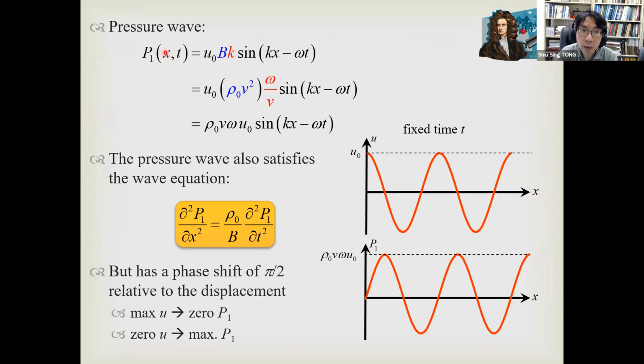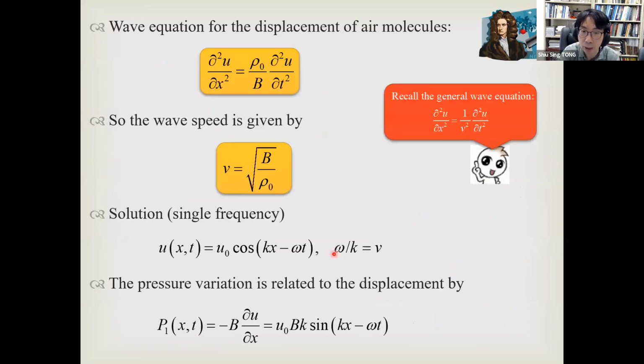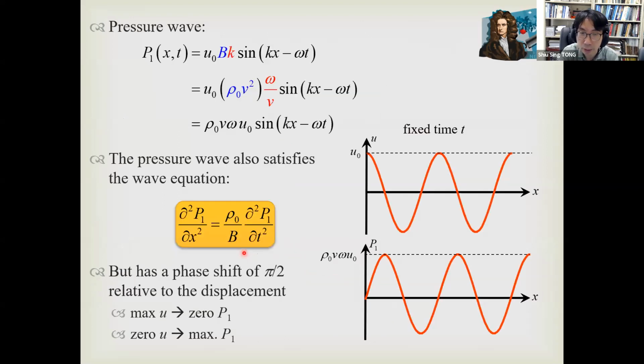Now, because the pressure wave also depends on space and time as sine(kx minus omega t), just like the displacement wave, they are the same form, except one goes as a cosine and the other goes as a sine, but they take the same form. You can see this is a traveling wave with this amplitude.